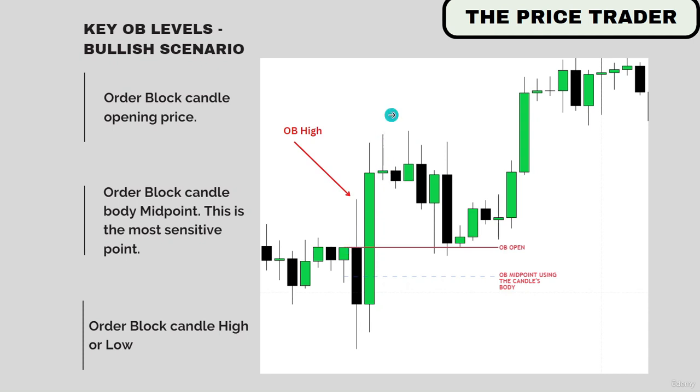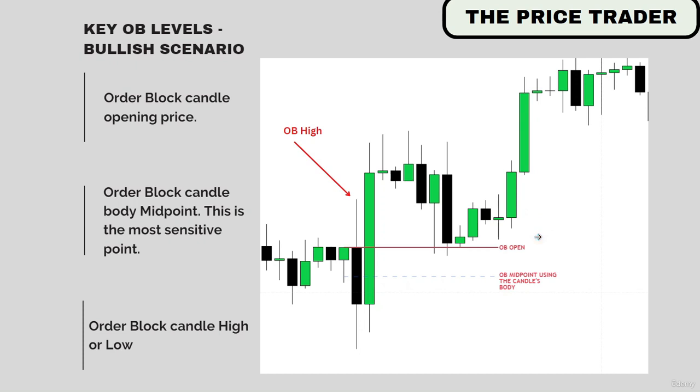Once the market goes high, it might come back down to retest it. The first level you want to look at is the order block high, then the opening price, then the midpoint. The midpoint is the last place you want to look for sensitivity. If the midpoint is broken below, the market will likely drop even more and probably even establish a downtrend. So those are the levels you want to be watching.